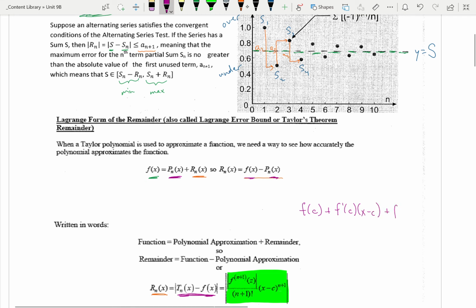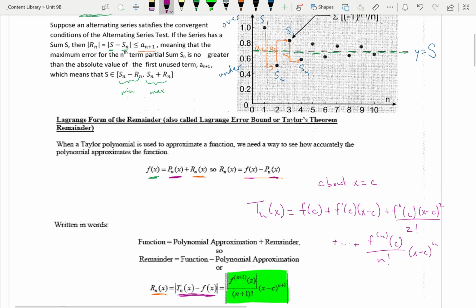And then you take the second derivative, evaluate that at c, and then you take x minus c raised to the second power, and then we don't forget to divide by 2 factorial, and we keep on going until we get to the nth term, and we say that's the nth derivative of the function evaluated at c, divided by n factorial times x minus c raised to the n. That's what t sub n of x equals if you're centered about x equals c.